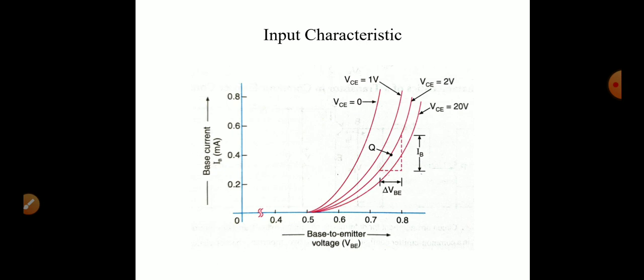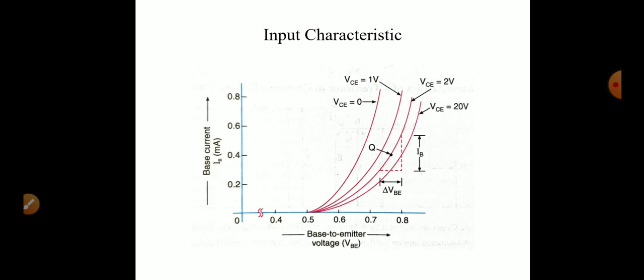When we fix the collector emitter voltage to 0 volt and start changing the base emitter voltage step by step, when the input voltage changes by 0.1, its input current also changes. When the input voltage reaches or goes above the cut-in voltage or knee voltage, the input current increases largely.